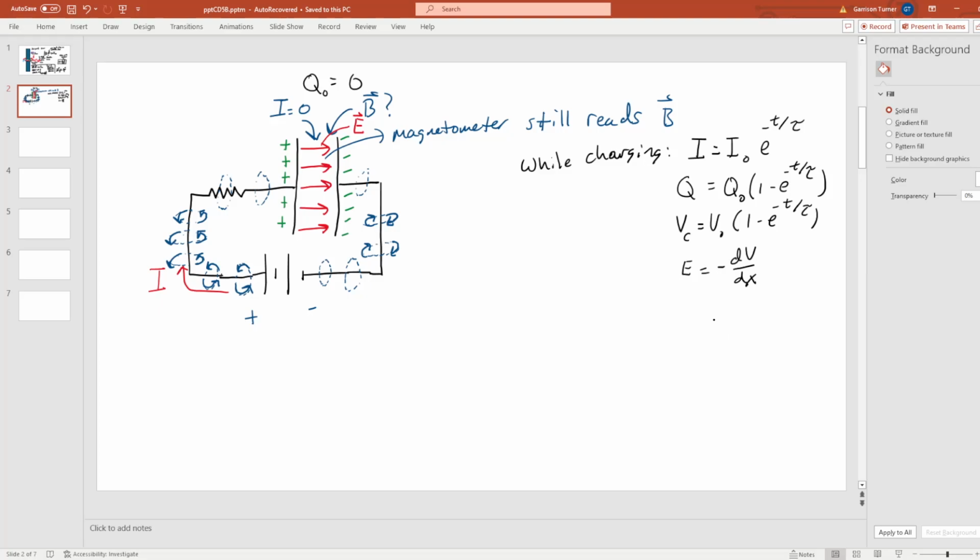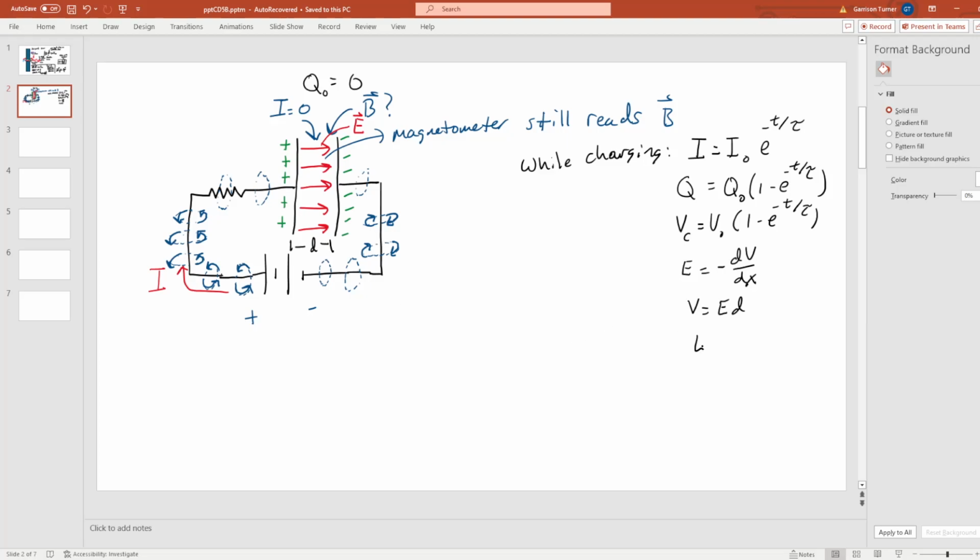This means that V is equal to ED once this distance has been established, right?